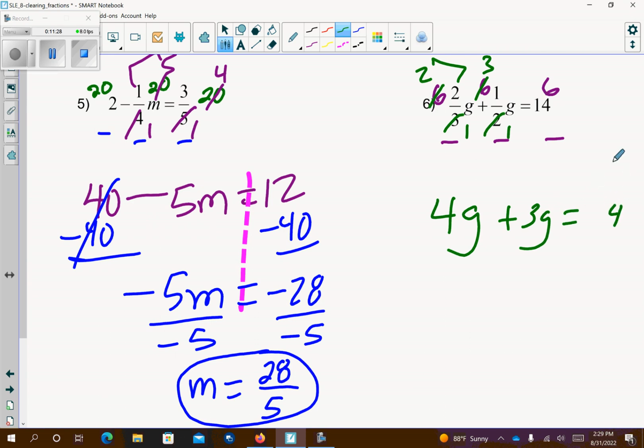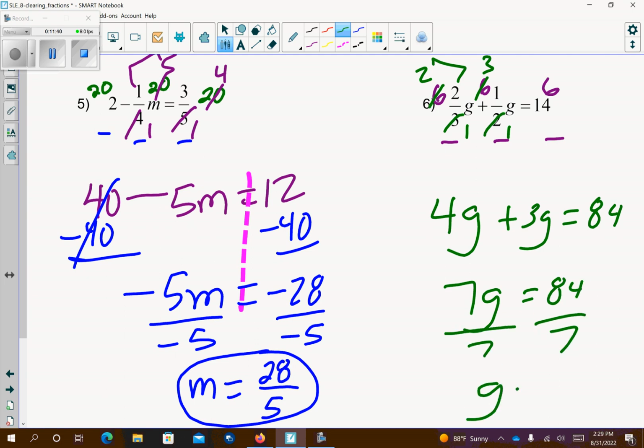Well, 6 times 14 is, what is that, 24, carry 2, 84. So I get 7g equals 84. Let's divide both sides by 7. Check on your calculator, 84 divided by 7. It should come out to be 12.